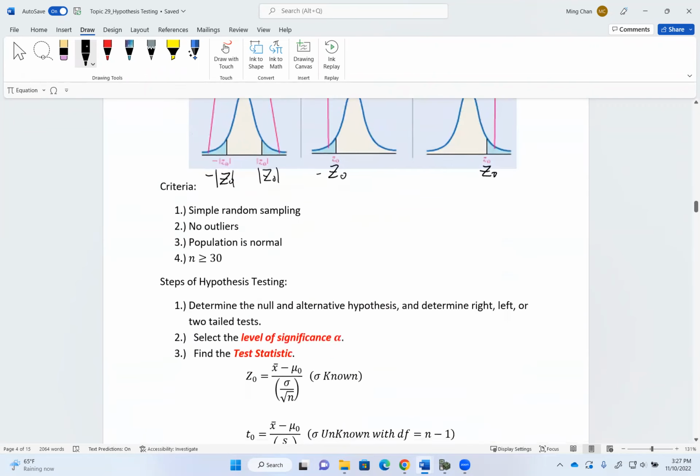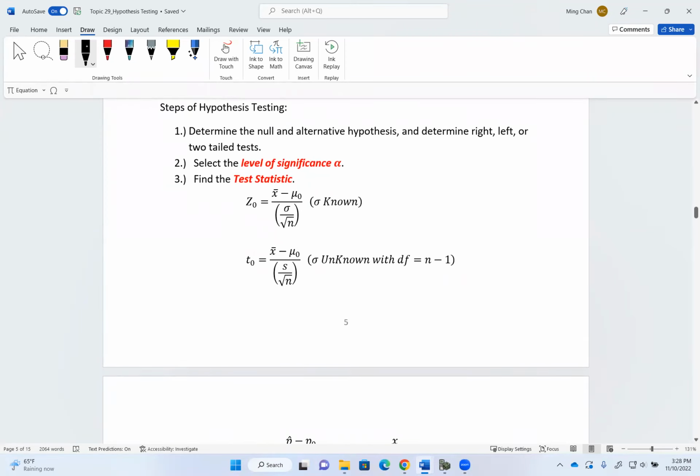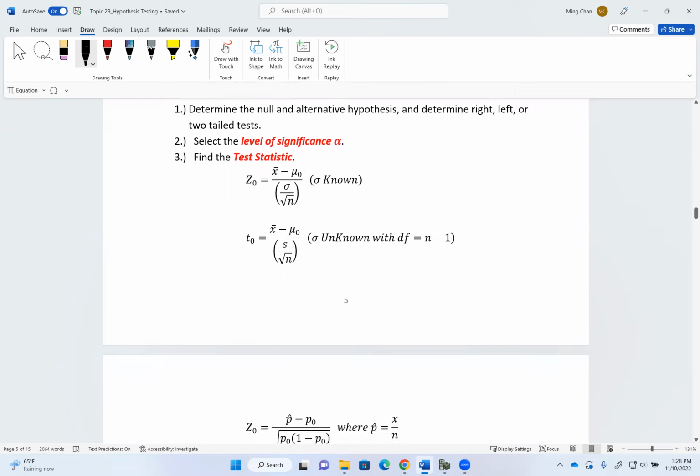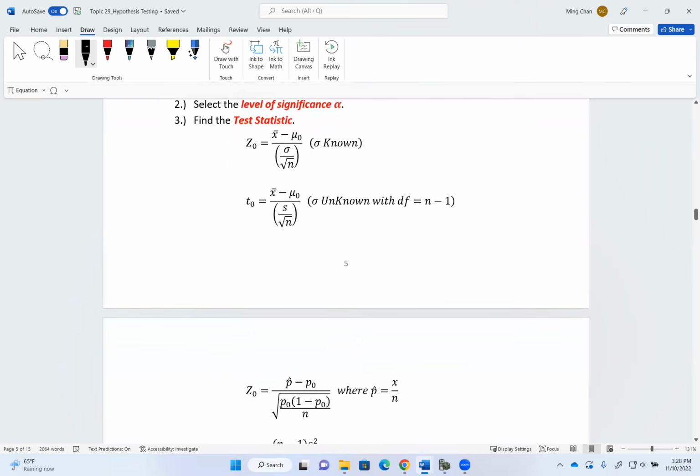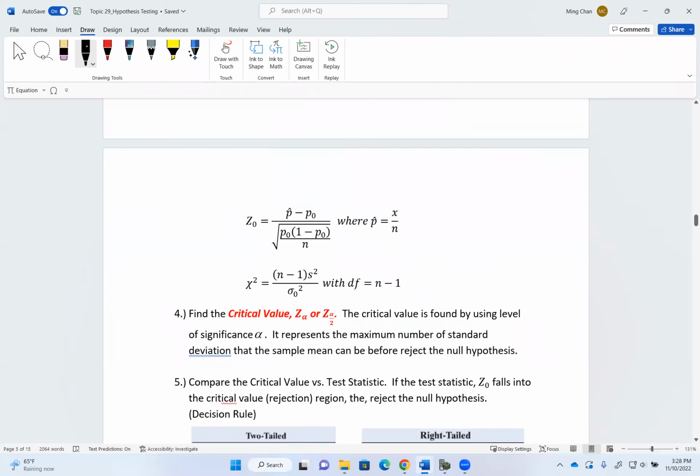Once I find the test statistic, it may be sigma known, sigma unknown, which uses the t value, or it may be for population proportion. Or this is called a chi-square.